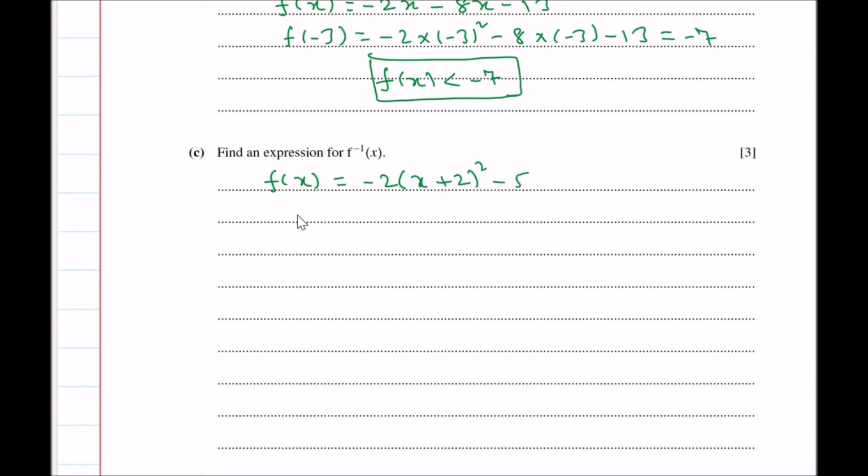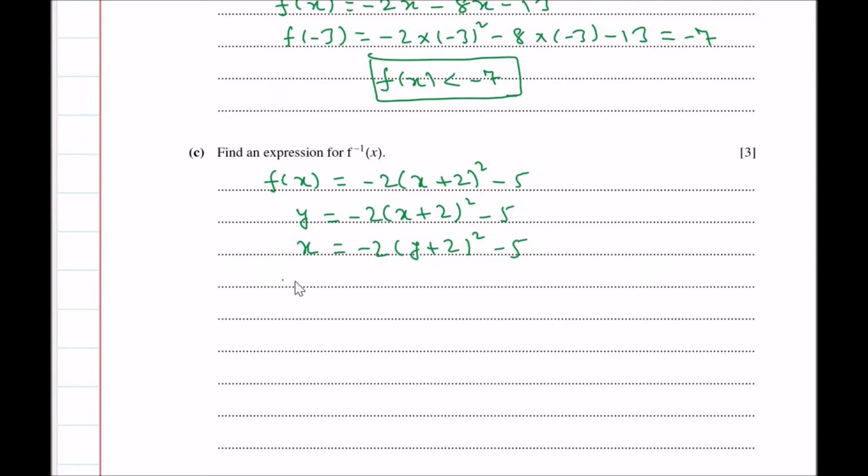So the first step is f x replaced with y. So y equal to minus 2 x plus 2 whole square minus 5. Now swap x and y. So here x, then minus 2 y plus 2 whole square minus 5. Now we have to make y subject. So first of all, minus 5 will be shifted to the left side.